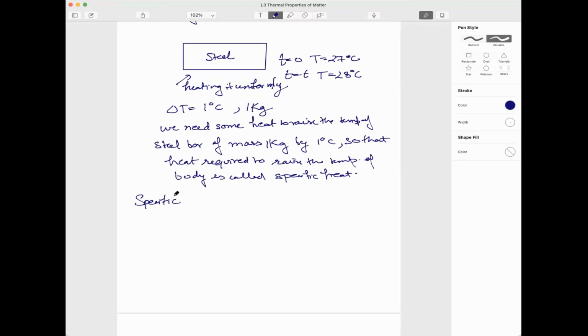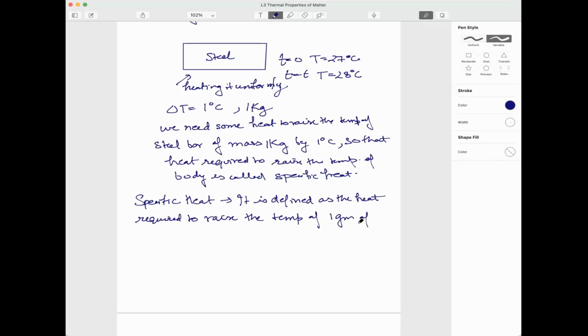I want to introduce the concept of the specific heat, that's why I'm telling this. The specific heat is defined as the heat required to raise the temperature of 1 gram of body by 1 degree centigrade.